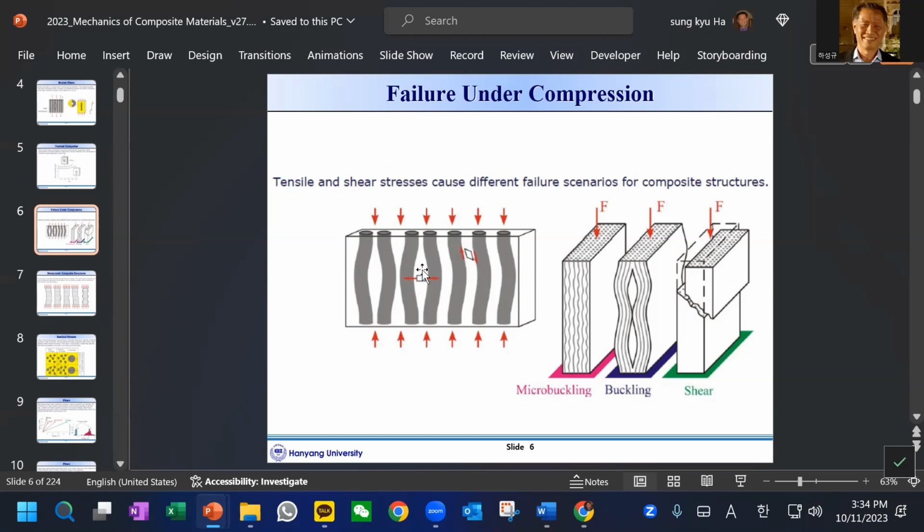So there could be some defect initiated in the resin system by shearing mode or some opening mode. So this we can call micro buckling, but also lamina to lamina, there can be a delamination, and the buckling can be caused by the delamination or some shear load associated with a local buckling behavior.